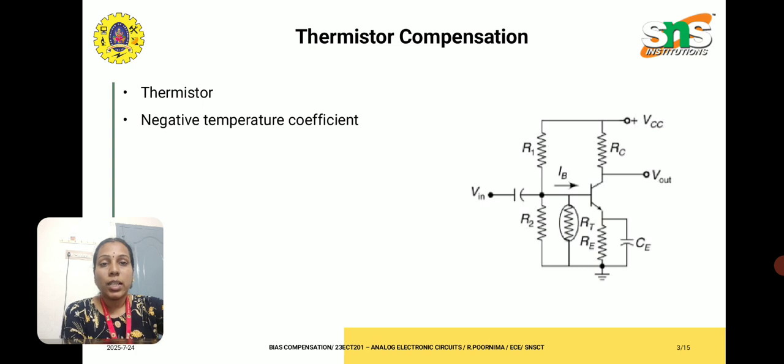When base current decreases, the collector current also decreases. So it will offset the changes in collector current. Whenever changes occur in collector current, they will be compensated by using the thermistors.